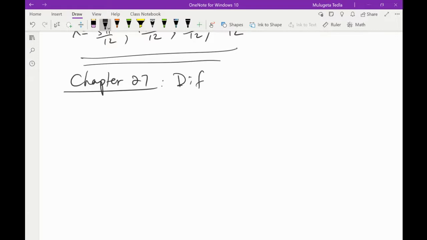So this is differentiation of transcendental functions.